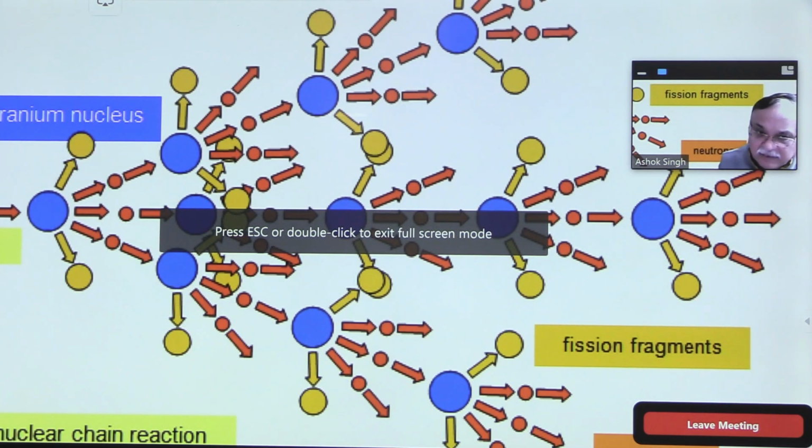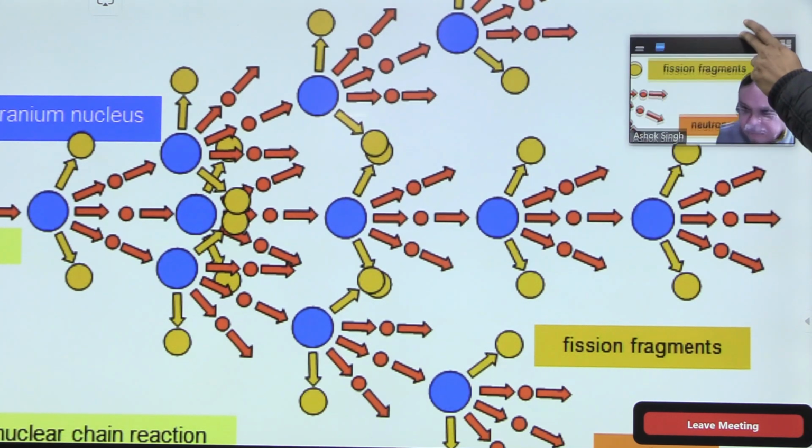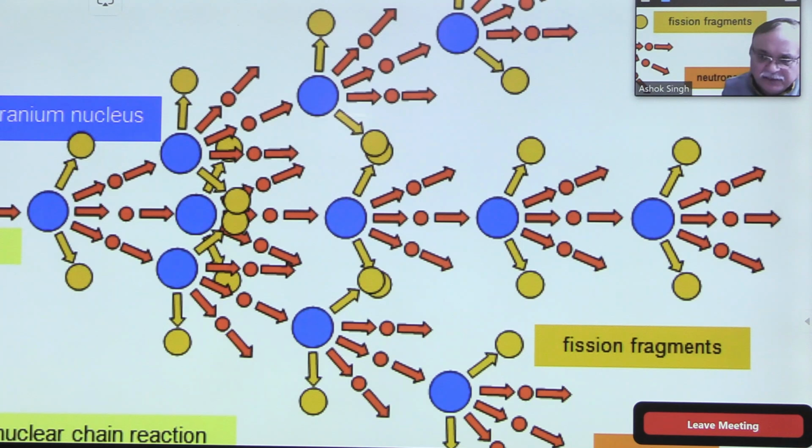Recapitulate once again. Uranium nuclei are being split by bombarding them with neutrons. Each time they split, more neutrons are produced. These neutrons will go and split other nuclei, and this process can continue as long as you have uranium nuclei available, as long as some other conditions are satisfied.